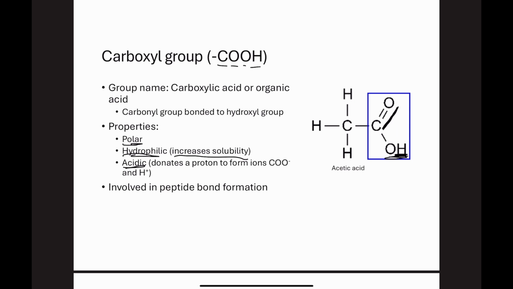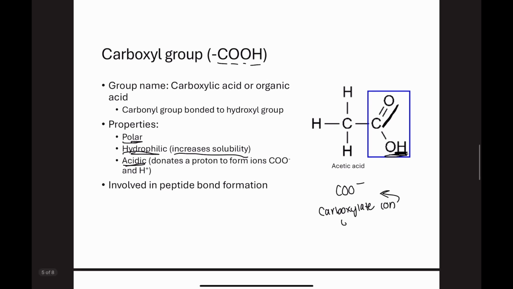So basically, because it's weakly acidic, it's going to be lost as a proton, and that's going to leave behind a negatively charged ion. And that is when we have COO minus, a negatively charged carboxylate ion. That is what that is. It is the loss of the hydroxyl hydrogen.